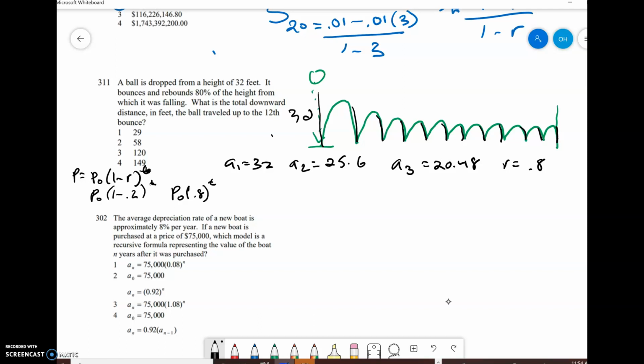Anyway, I want the total downward distance that it traveled up to the 12th bounce. So I want the sum. For a geometric sequence, it's a sub 1 minus a sub 1 times r to the n, over 1 minus r. So I want S sub 12, and that's going to be 32 minus 32 times 0.8 to the 12th power, over 1 minus 0.8.